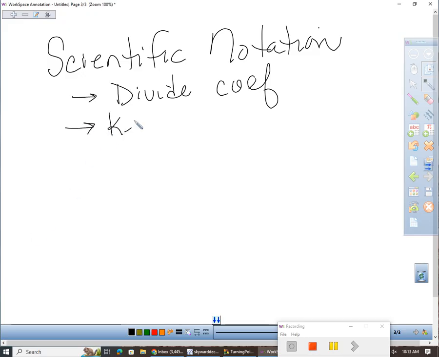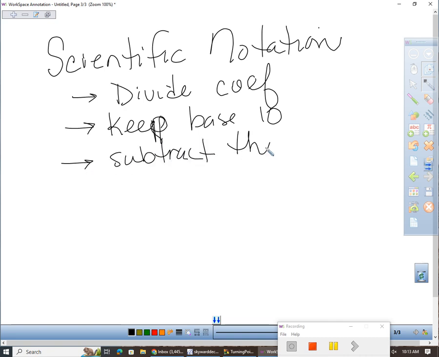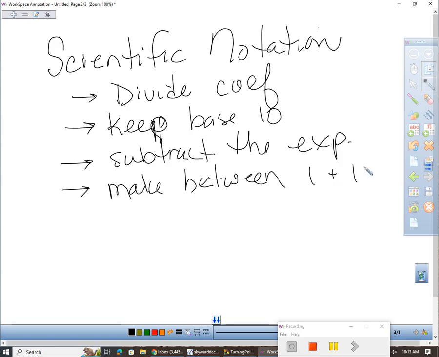Then we keep base 10, that's a P by the way, base 10, and subtract the exponents. And then of course, make it between 1 and 10.